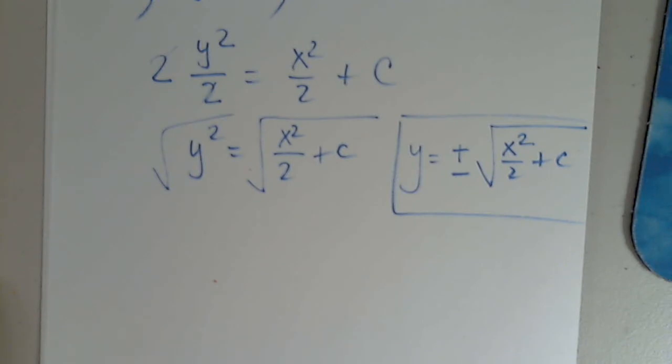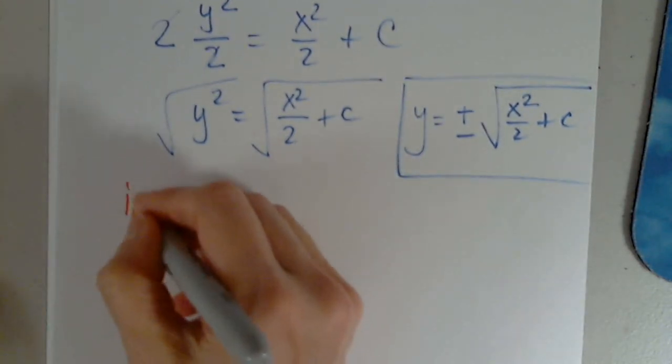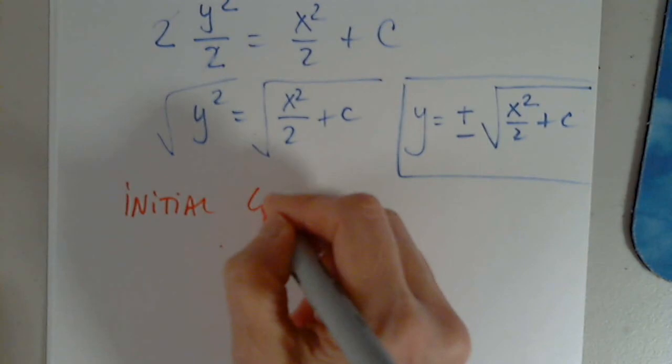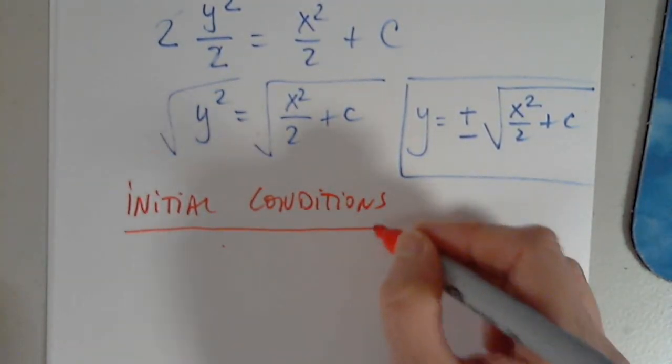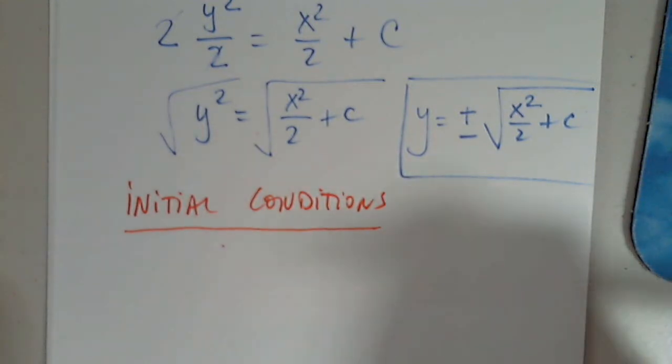Now, of course, I'd like to show at least one more and then look at more problems. Some of them are giving us initial conditions. We've had that before when we determined antiderivatives.